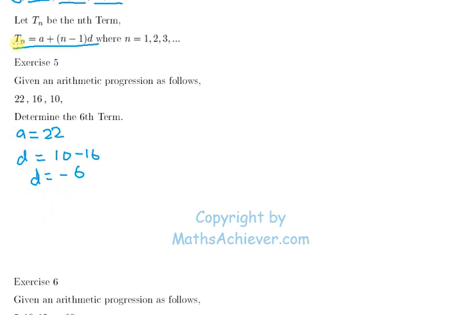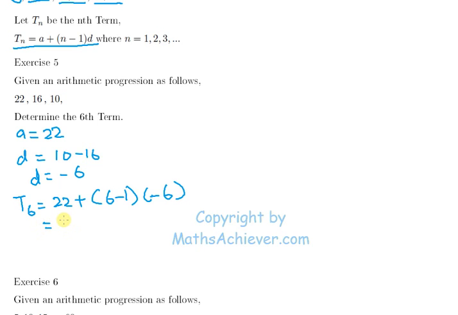Next, we can make use of this formula now that we have A and we have D, and we also know that it's a sixth term. So we can find out T6 equals A is 22 plus (n is 6 minus 1), D is minus 6.